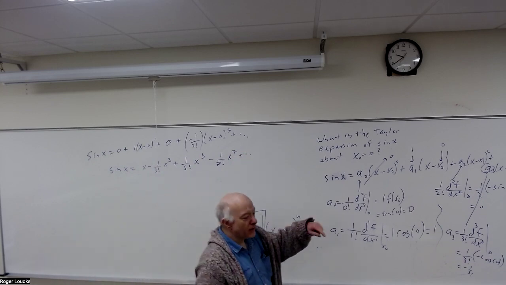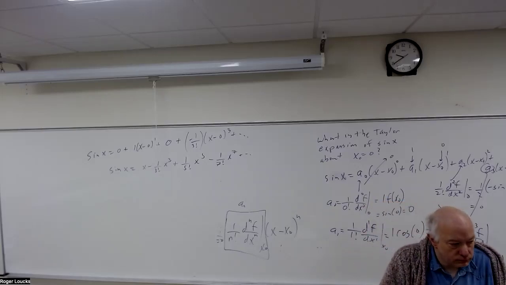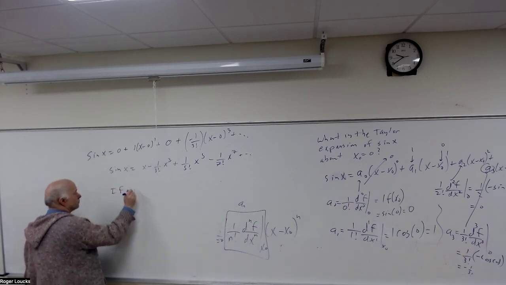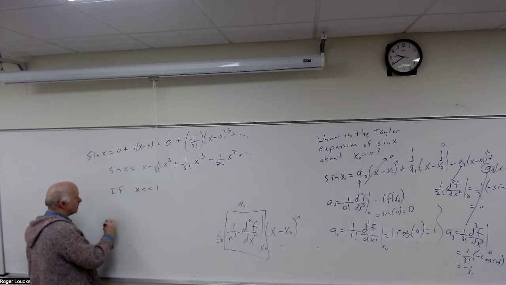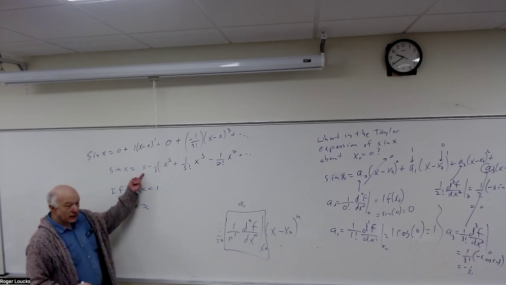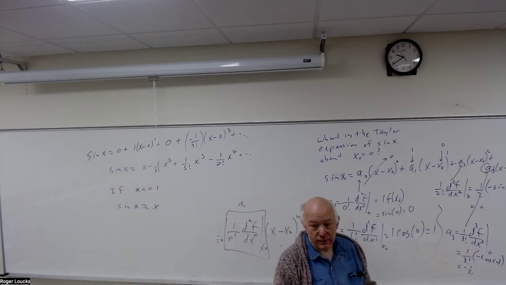Now, if you remember, if x is really, really tiny, what does this reduce to? If x is much less than 1, I can say sine of x is approximately just x. Where have you seen that? I'll give you a hint. It's at the beginning of this course.